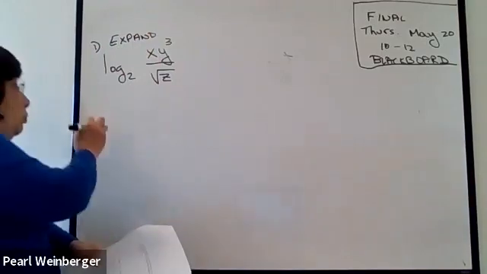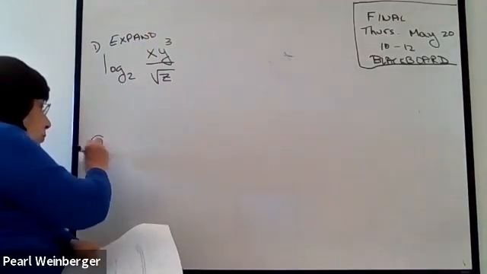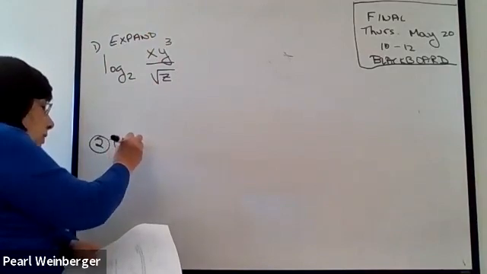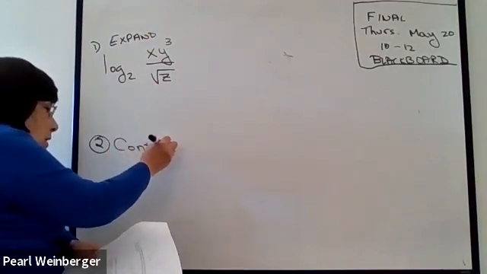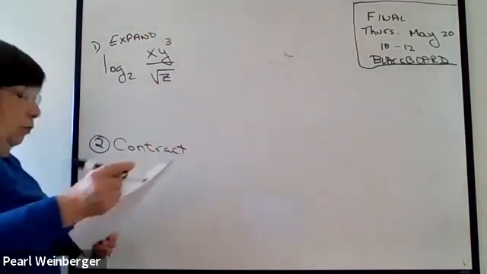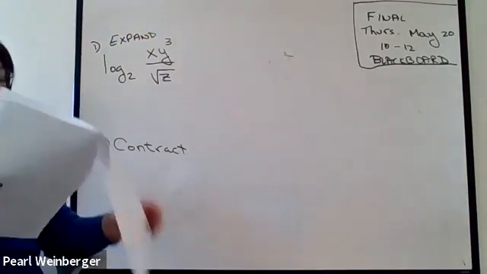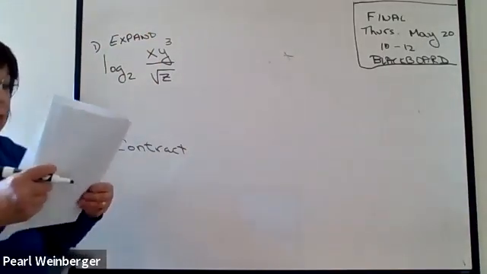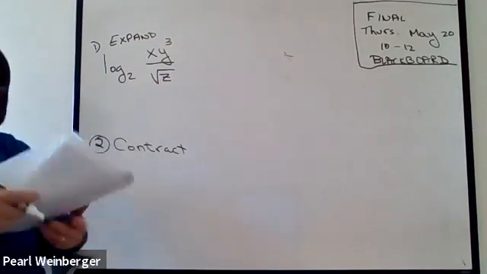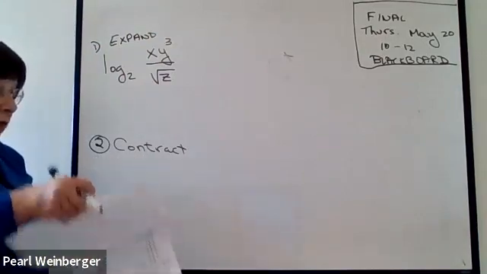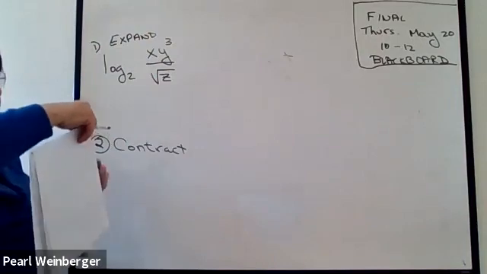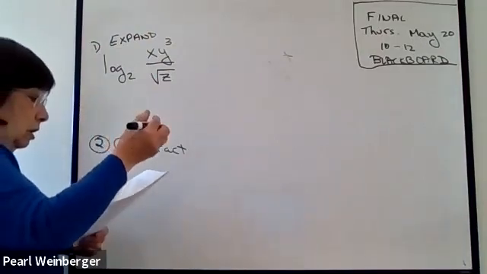And that's number one. And the second one we want to do is just the opposite. We want to contract. We want to put this back into a single log. Let's say I have something that looks like this. We want to write this as a single log.